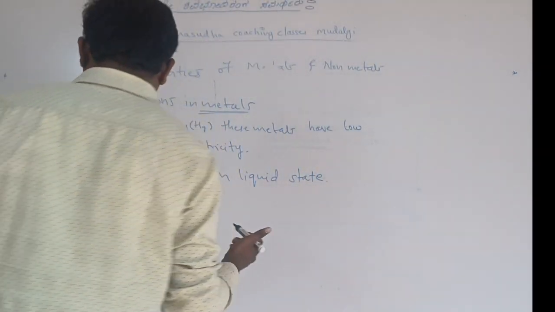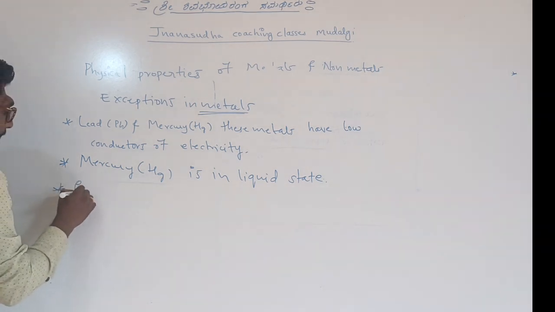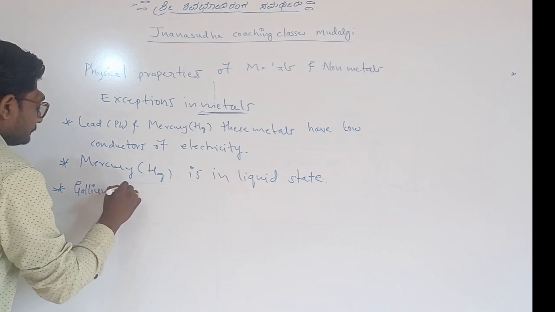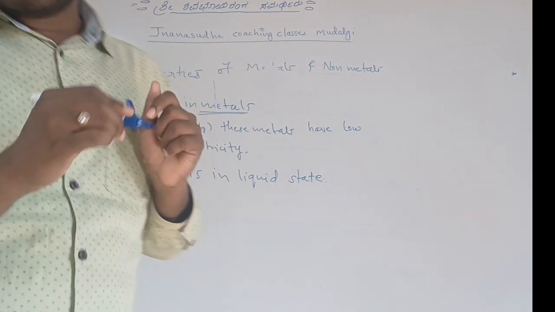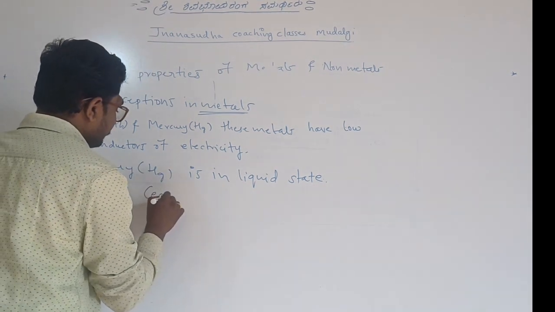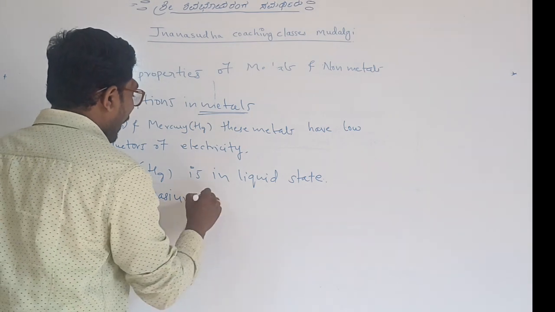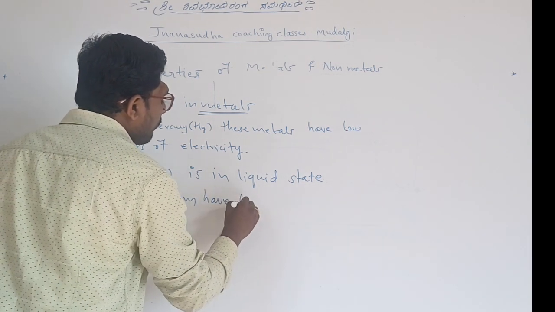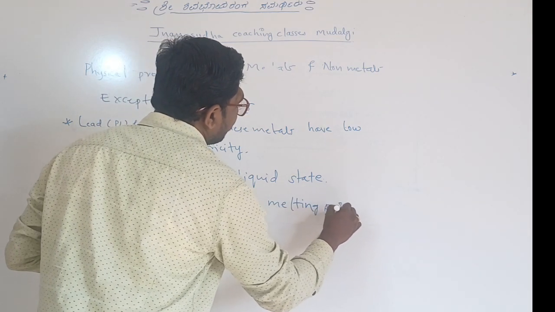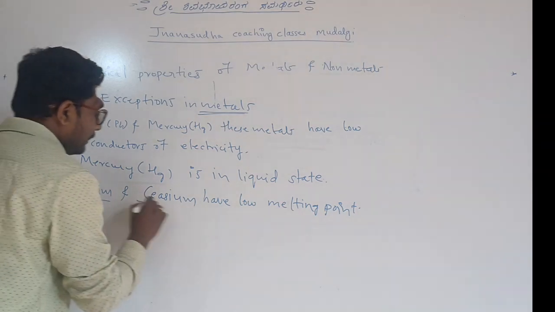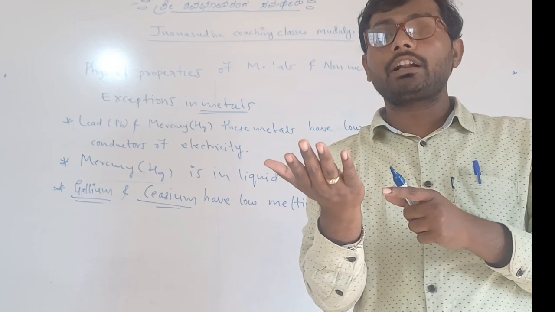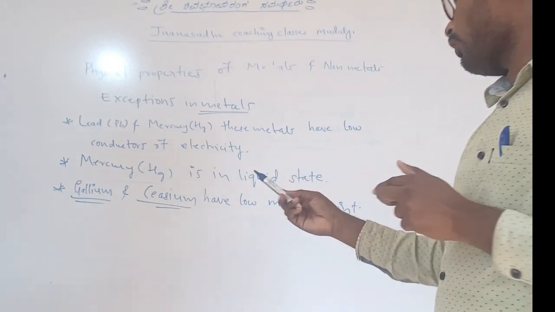Some of them are gallium and cesium. Gallium and cesium have a low melting point. These two metals, if you take them in your palm, will melt in your hand.